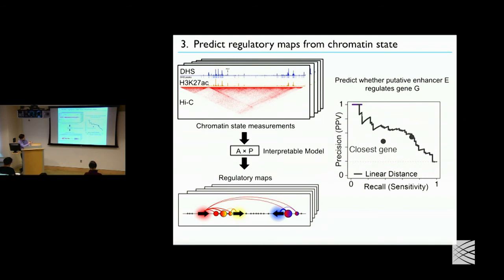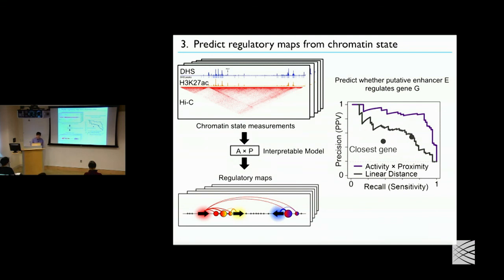If you use closest gene alone, you would get this in a precision recall curve. And if you use this activity times contact probability model, you can actually do a pretty good job, say about 85% positive predictive value at a recall of 85%. So there's a lot still to explain, but this actually does remarkably well given the simplicity of its formulation.